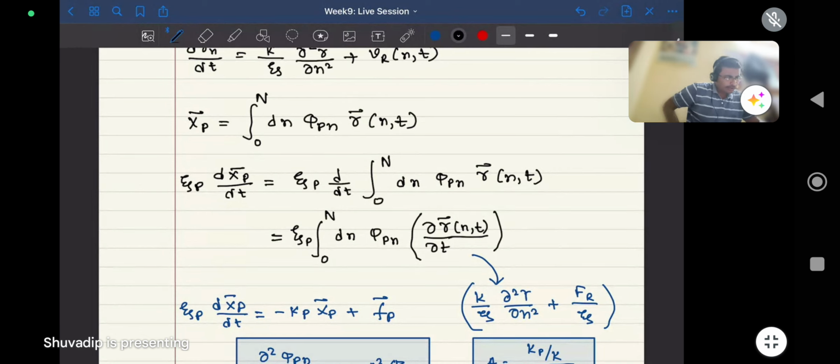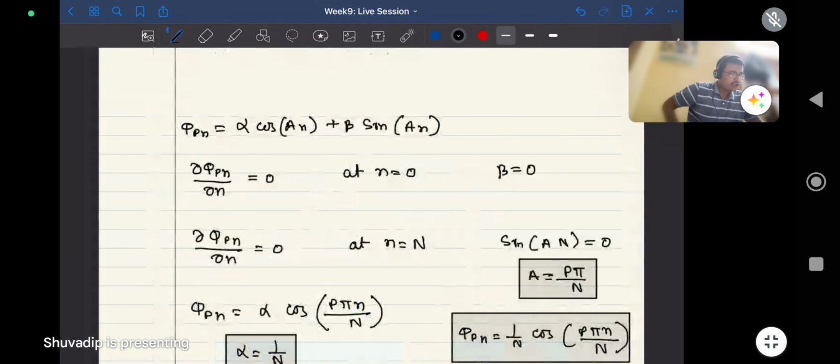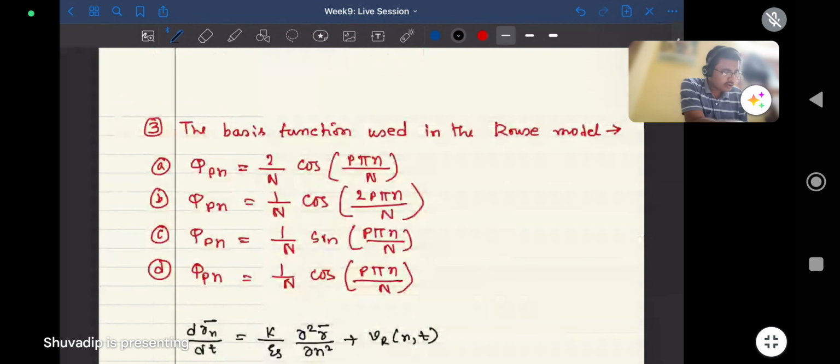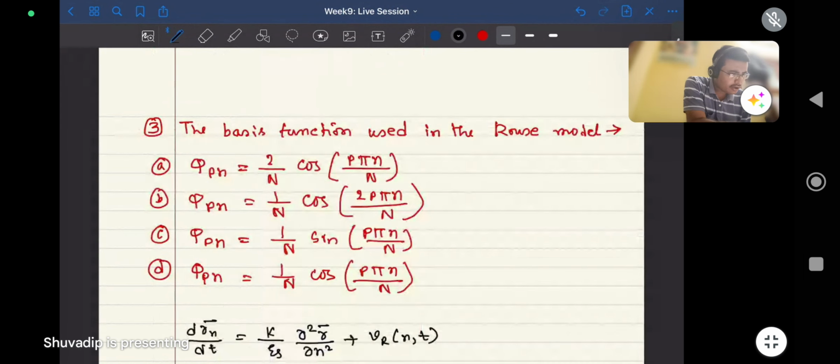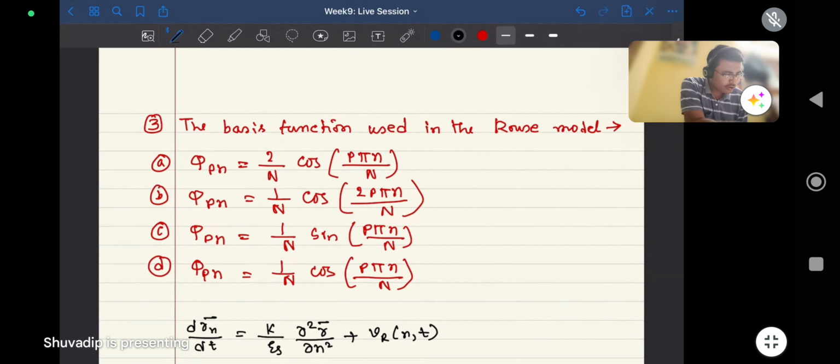From the intermediate terms we get the equation for phi p(n), which takes us to the solution. Phi p(n) is 1 by N cos(p pi n by capital N). So the correct option is, in this case, the last option here, this one.